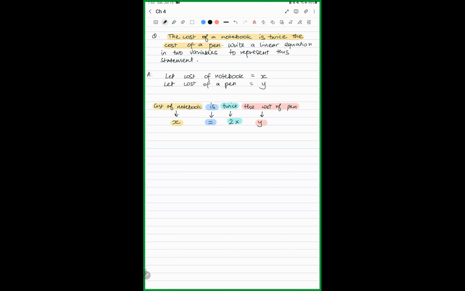What is our mathematical statement? X is equal to 2 times y, which is basically x is equal to 2y. This is our statement, a linear equation in 2 variables.